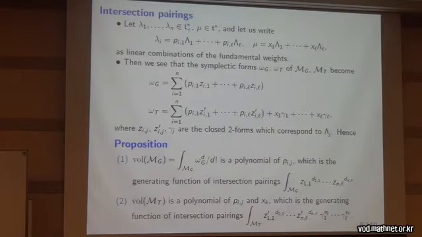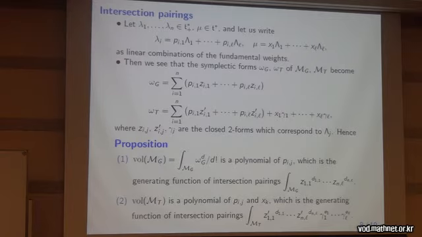Then we can see that the symplectic forms omega g, omega t become this form, where p_ij appearing here or here, and x_j are just the coefficients described above, and z_ij, z_ij prime, or gamma_j appearing here are the closed two forms which correspond to the fundamental weight lambda j.